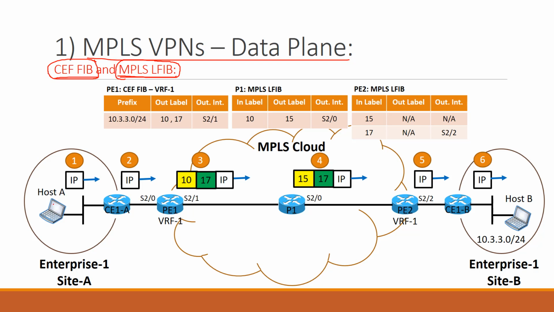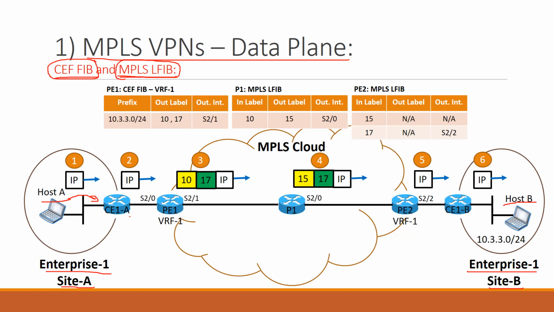Let's recall the example that we used when we discussed the overview of the MPLS VPN data plane, where host A in enterprise 1 site A wants to communicate with host B in enterprise 1 site B. Host A will send an unlabeled packet to the customer edge, and the customer edge will use the normal routing decision based on the destination IP address and the entry inside the routing table that matched this prefix.